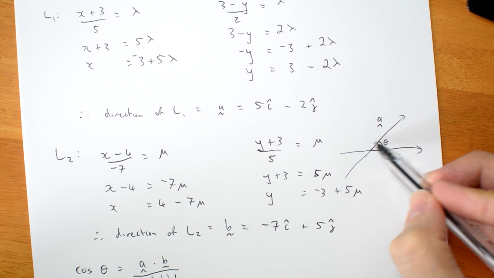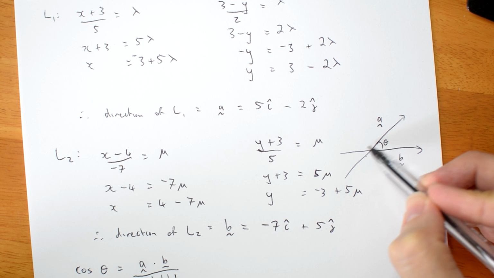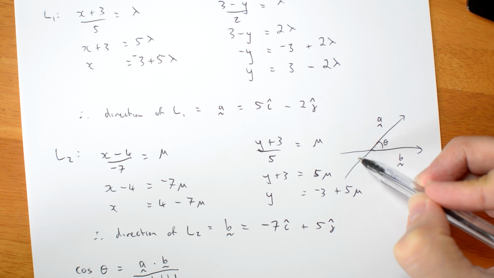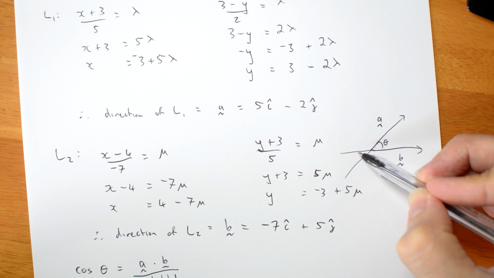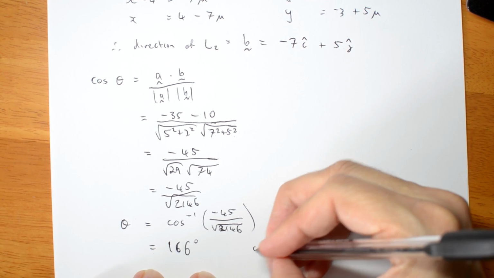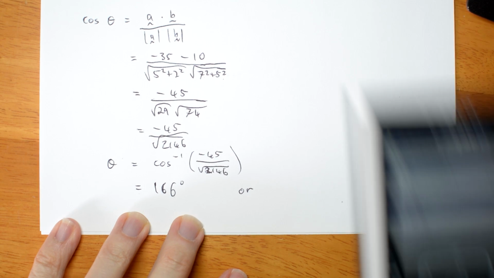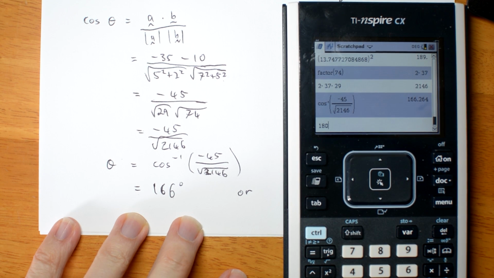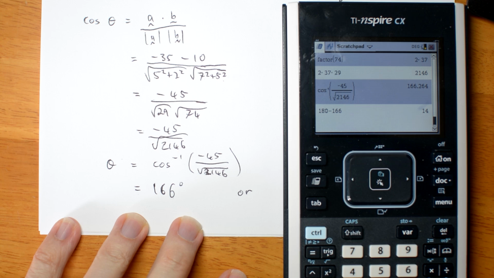So the fact that I've actually found an obtuse angle, the angle between the lines could be this one or it could be this one. So conventionally, I would give the smaller angle, the angle in the first quadrant. So if you prefer, instead of 166, you can have 180 minus 166, which is 14.